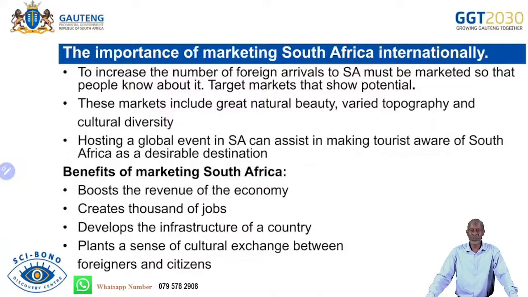So we need to capture pictures showing our topography as well as our cultural diversity. So there are so many different cultures in the country that is of interest to foreign tourists.